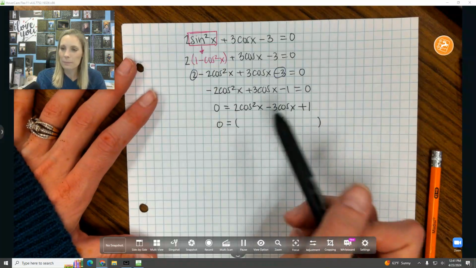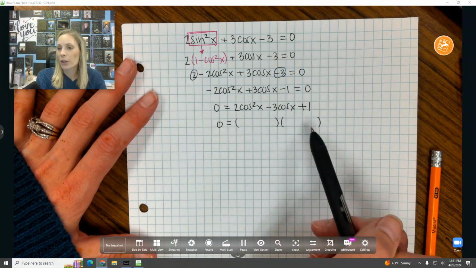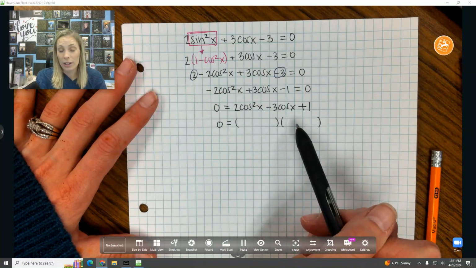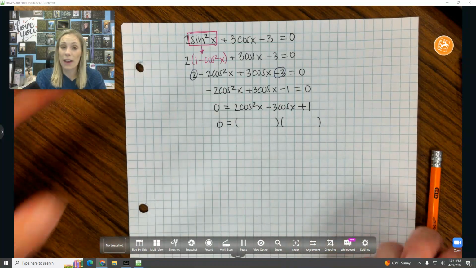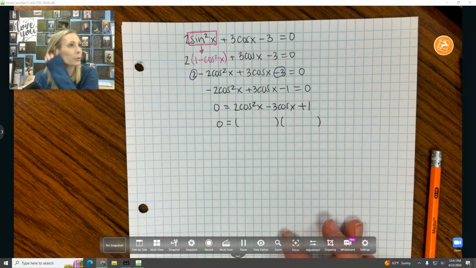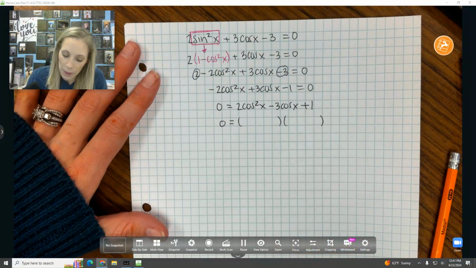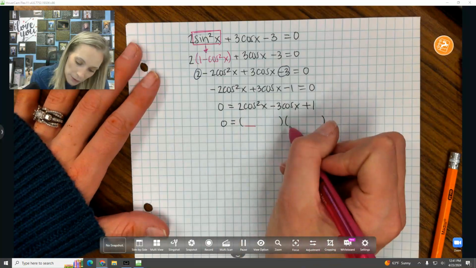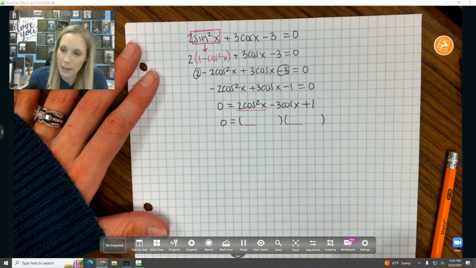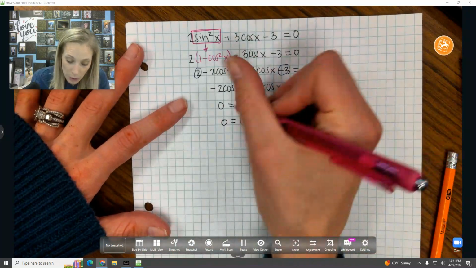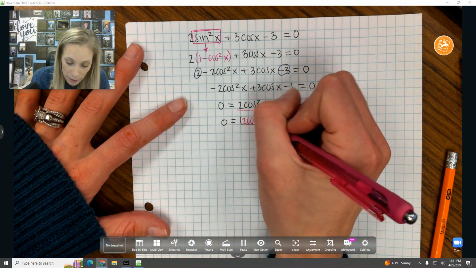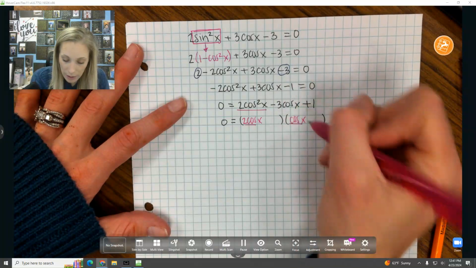Okay. So just like in our previous video, we are going to factor. Again, if you're still struggling with factoring, you've got to look up some other videos to help you factor. The two things that have to fill this space have to multiply to that. The only way to multiply to 2 cosine squared is a 2 cosine and a cosine.